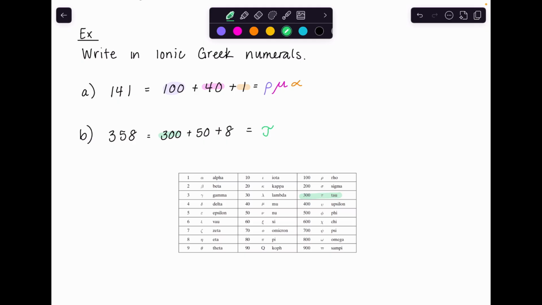Then next one is going to be 50. So that's going to be nu. So it kind of looks like a stretched V. And last but not least, our 8 is going to be eta. So it looks like this in Ionic Greek.